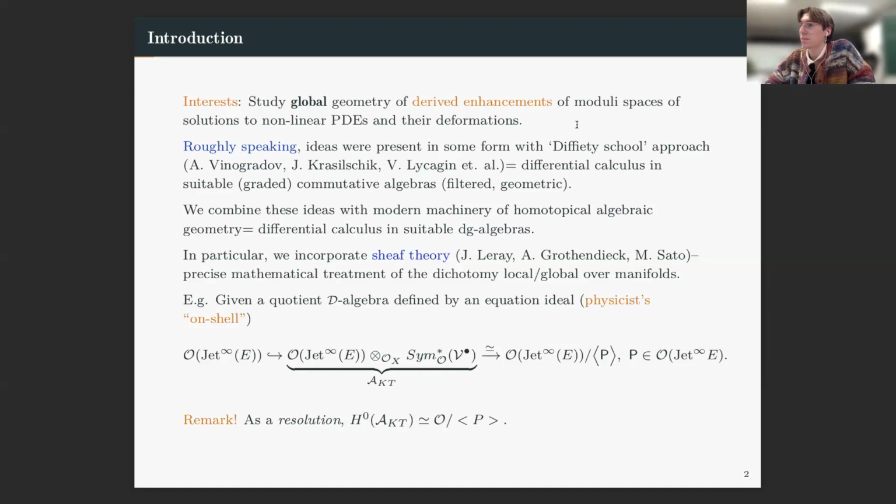So throughout, we're going to be assuming we're in the context of studying infinite prolongations of systems of nonlinear PDEs. And the idea is really to mix the application of these functors of differential calculus, which have been applied so well to the geometric theory of nonlinear PDEs at this jet bundle level, by noticing the structure sheaf of these PDEs is a filtered, geometric filtered algebra, and so can be suitably adapted.